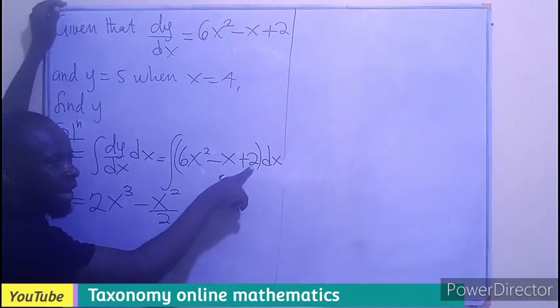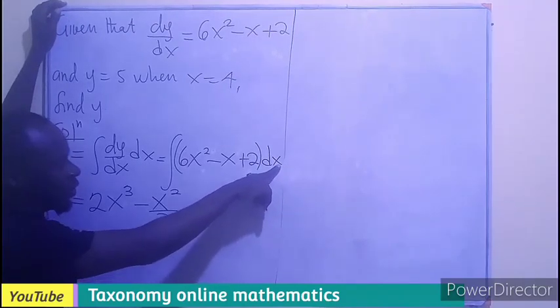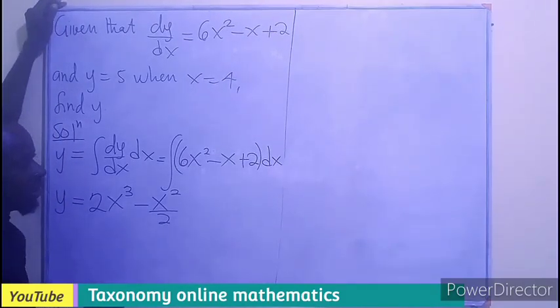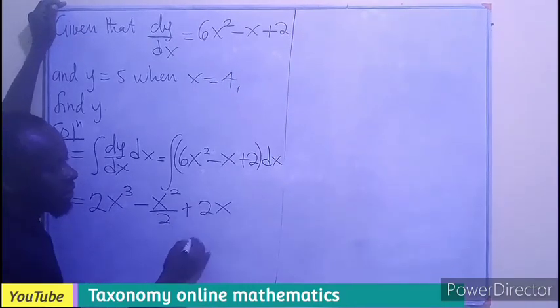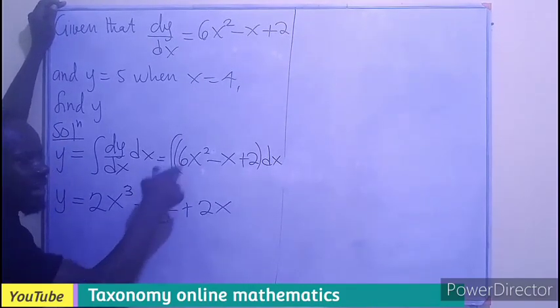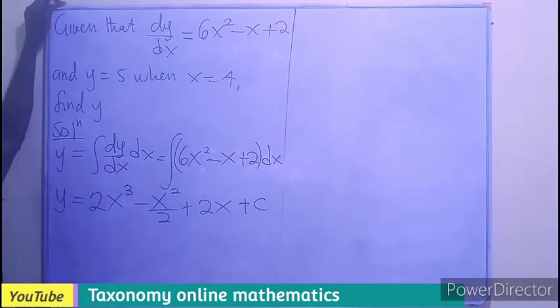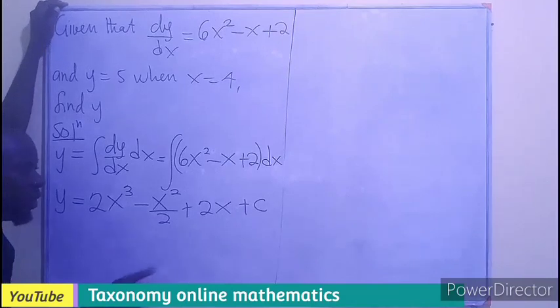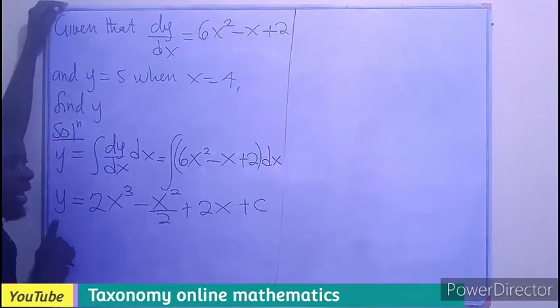If you integrate a constant, you introduce the variable that you are integrating with. So that will be plus 2x. Since this is an indefinite integral, we add plus C.